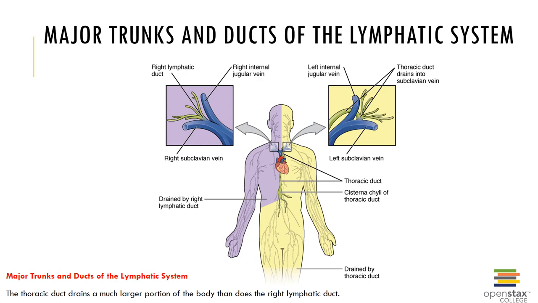The lymph trunks are composed of superficial and deep lymph collecting vessels that converge to form larger vessels known as lymphatic trunks and are named by the areas of the body they drain. The jugular trunks are located in the neck and drain the head.